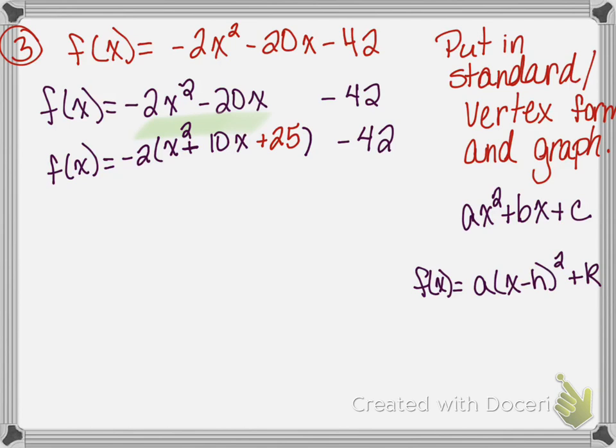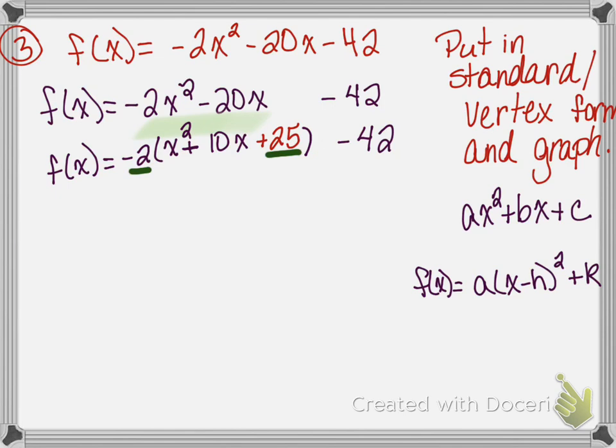Now the first thing I want you to realize is that I didn't just add 25 to this. I actually added 25 times -2. Okay, that's actually what I added to my function, is 25 times -2. That's -50. Now I'm not doing -50 on the other side of the equation.